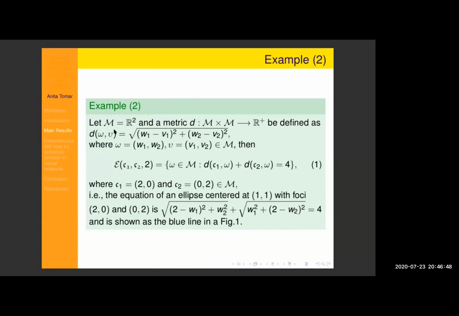But if we consider the two-dimensional real space and define the metric as the square root of (W1 minus V1) squared plus (W2 minus V2) squared, and consider one focus at (2, 0), another focus at (0, 2), and take the length of the semi-major axis as 2, then the equation of the ellipse centered at (1, 1) is the square root of (2 minus W1) squared plus W2 squared, plus the square root of W1 squared plus (2 minus W2) squared, equal to 4.